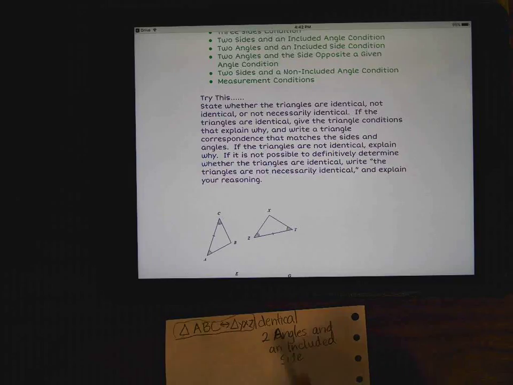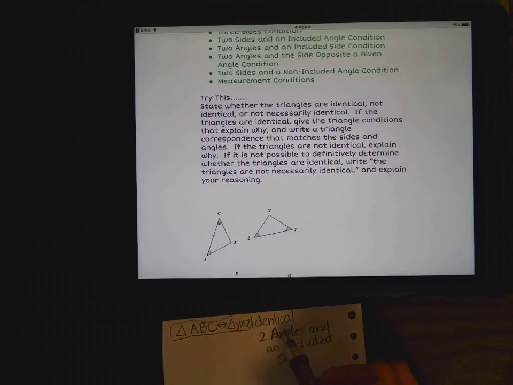This is kind of squished, I apologize. So you tell whether they're identical or not, you tell the condition that proves it, and then you write the correspondence. Remember, correspondence is when you put the arrow between them saying that A corresponds to Y, B corresponds to X, and C corresponds to Z. So that's how you choose your correspondence. Okay? Then you're done. That's all you had to do.